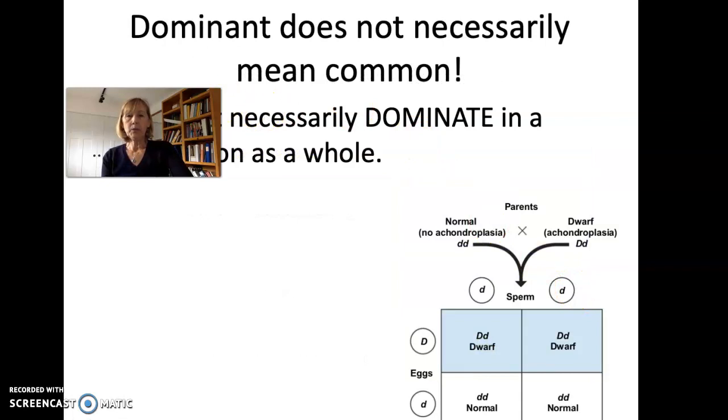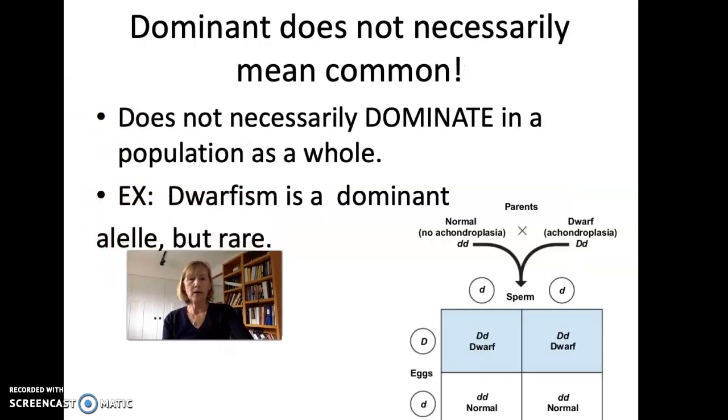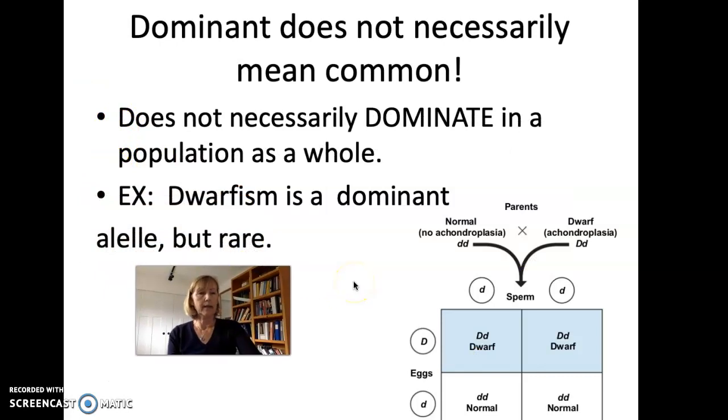An important point here is that dominant doesn't mean common. It doesn't mean that. As an example, dwarfism is dominant, but it's rare, and it will only become more prevalent in a population if it confers some sort of advantage to that population.